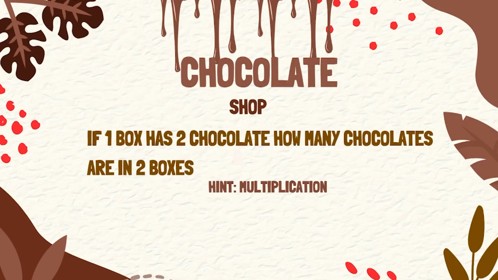Okay, so if one box has 2 chocolates, how many chocolates are in 2 boxes? Well, okay, so I have many boxes with me in my chocolate shop, and one of those boxes has 2 chocolates. Then I took 2 boxes near me, and then how many chocolates do I have?